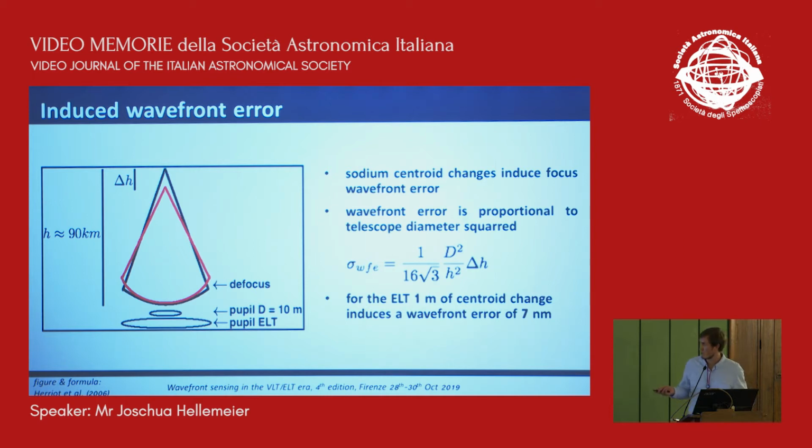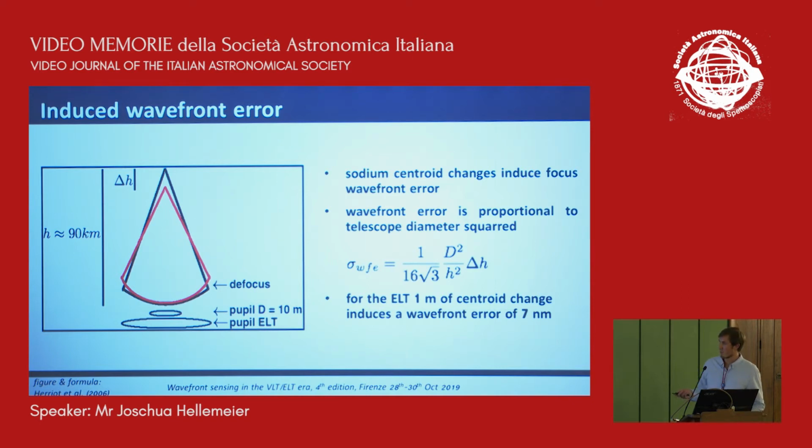Sorry, the altitude goes in by being squared. This D squared in the formula is also the reason why, for state-of-the-art telescopes with diameters of 10 meters, the effect isn't as strong as it will be for extremely large telescopes.